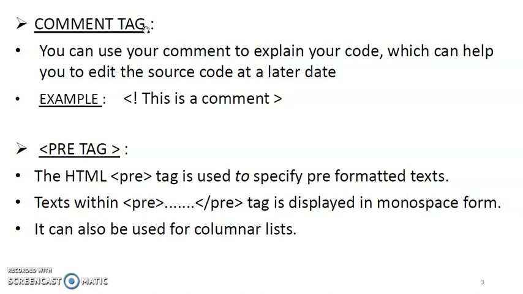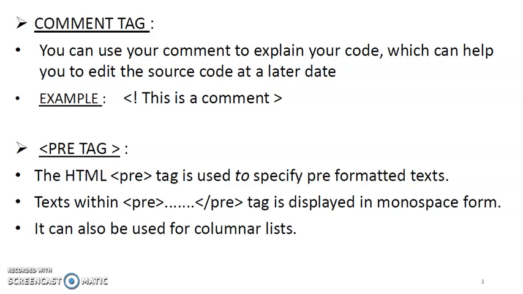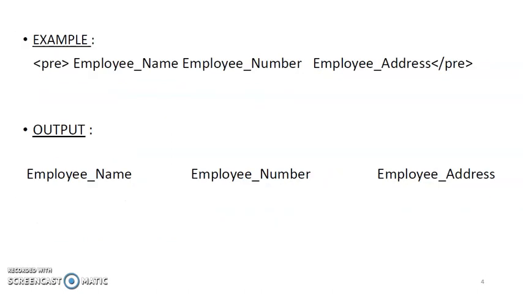Okay. What is the meaning of monospace? It has the same width for each character. So the text within the pre tag is displayed in a monospace form. So it can also be used for a columnar list. You can see the example of the pre-format tag.